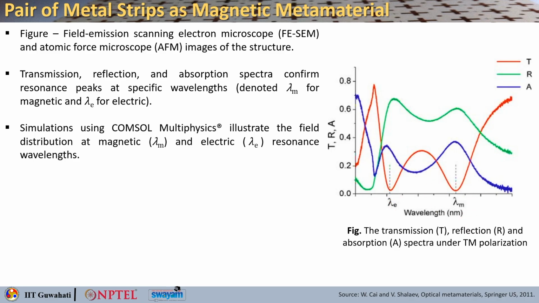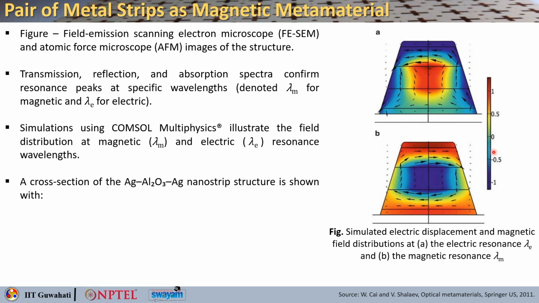Now, if you want to understand the nature of these magnetic and electric resonances, it is also good to do simulations of the electromagnetic field using commercial software, something like COMSOL Multiphysics, that will allow you to see the field distribution at these two resonance wavelengths, lambda m and lambda e, and this is how they look. So, here is the cross sectional view of this paired nanostrip, and the top one shows the electric resonance, the distribution of the electric displacement field at lambda e.